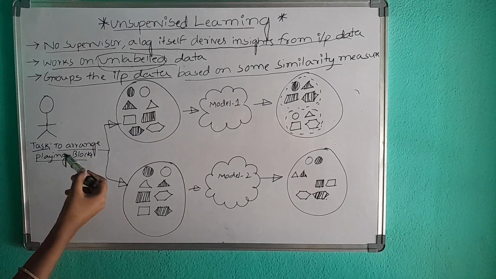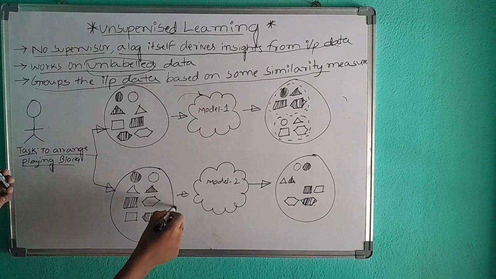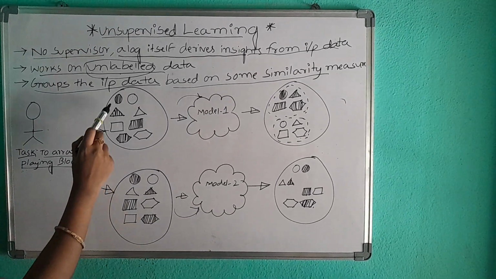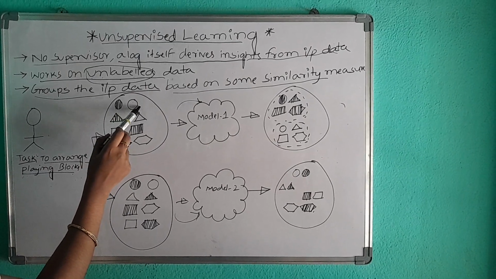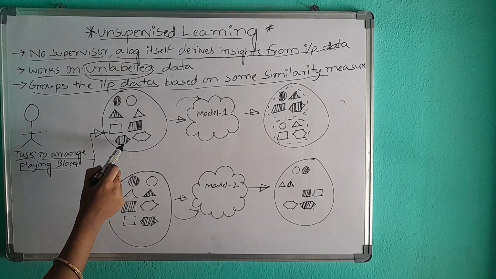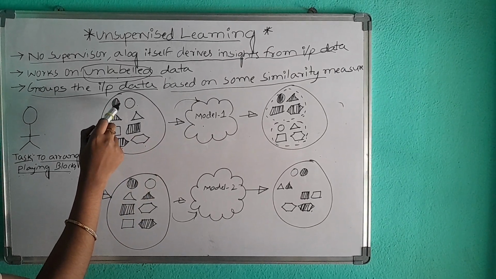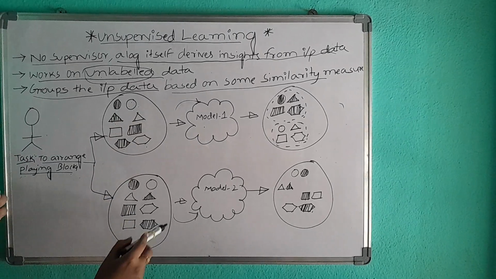Here in this example, it derives two kinds of models, two kinds of patterns. We are giving circles, triangles, rectangles, and hexagons as input, and some are filled ones and some are empty ones.